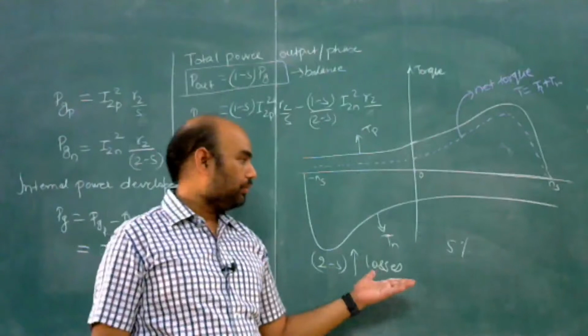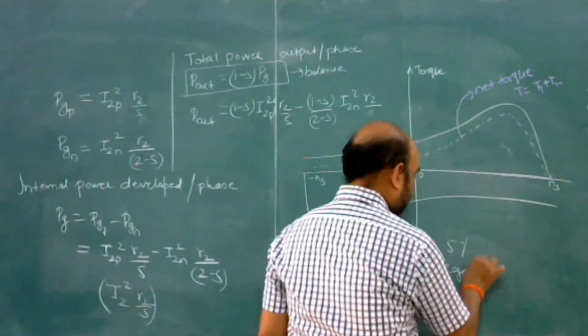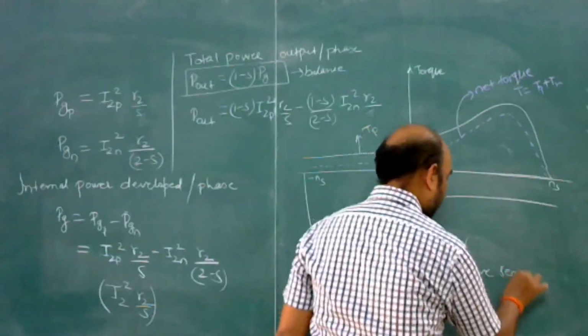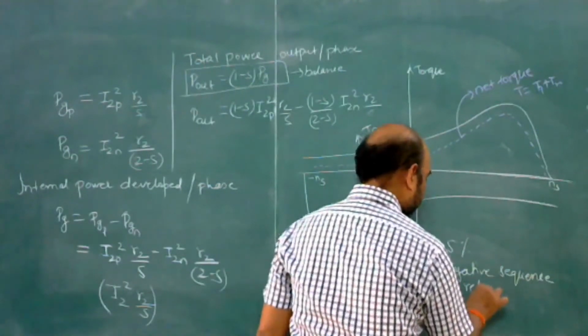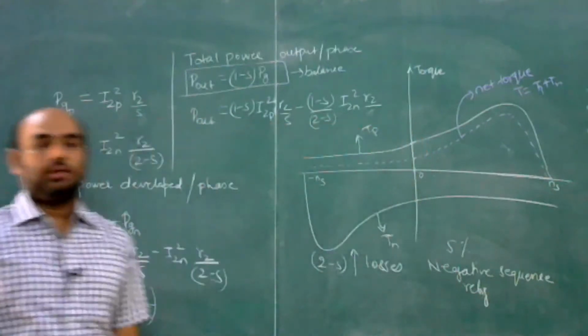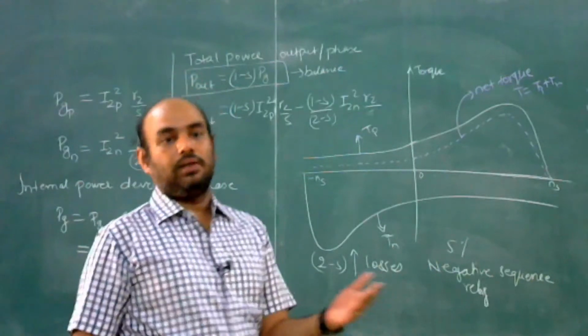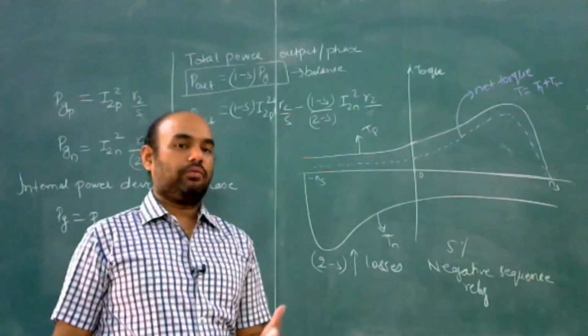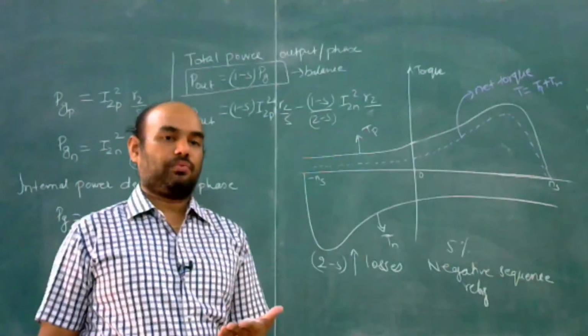So we generally use a negative sequence relay, which will detect this abnormal condition and trip the motor from supply if it exceeds the preset values.